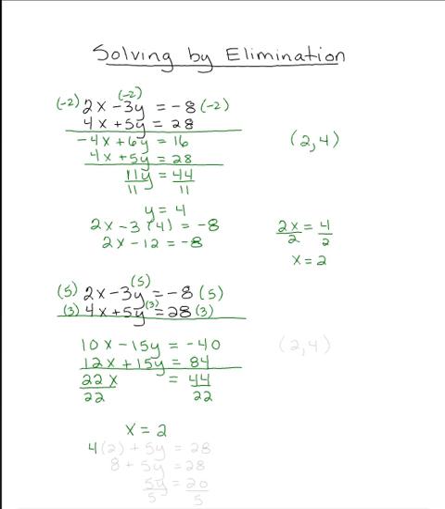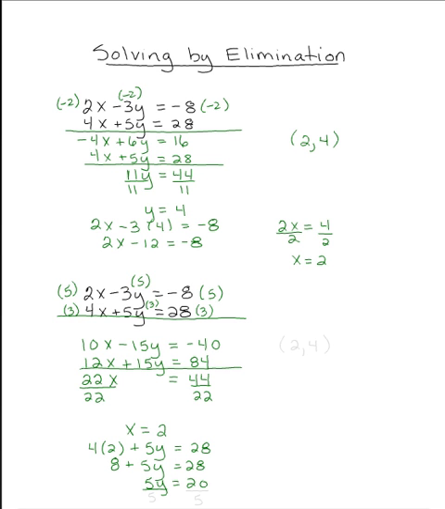The second equation was 4x, and in this case we already discovered that x is 2, plus 5y equals 28. And let's solve. So we get 8 plus 5y equals 28. Now we want to bring over the 8, which means we're going to subtract, and that would give us 20 on the right-hand side.